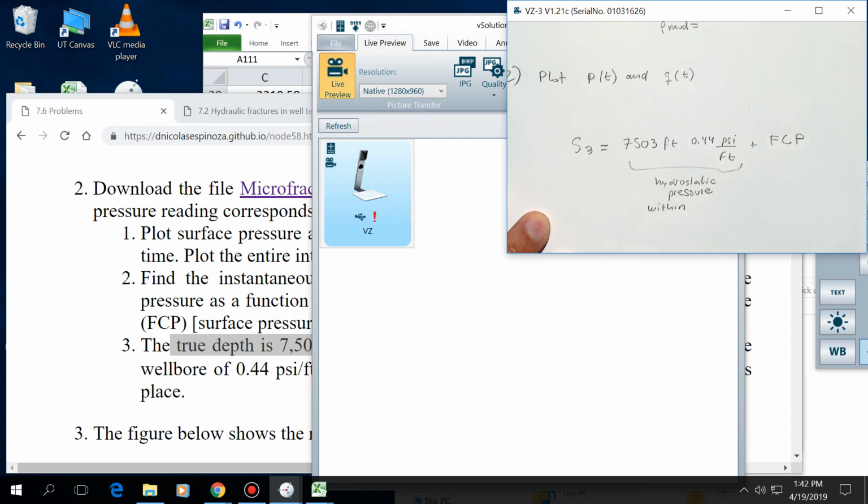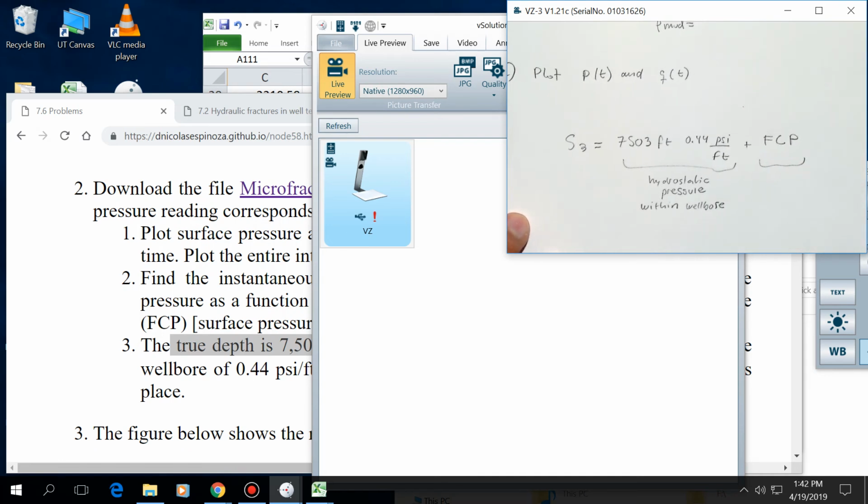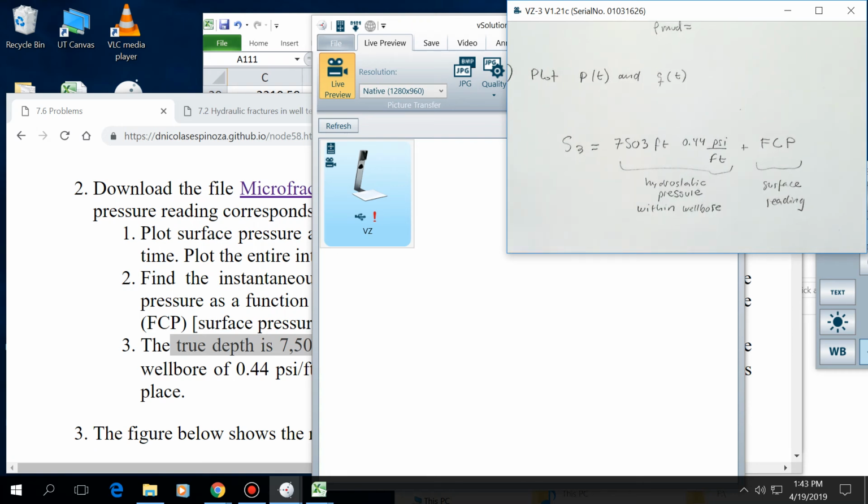Don't get confused. This is not pore pressure. This is hydrostatic pressure within the wellbore, or within the pipe and the casing, which is moving the fluid into the formation, and this is the fracture closure pressure. Okay, and this is the surface reading. You raise your hand? No? Okay. So now with this equation, you can calculate what is the minimum principal stress.